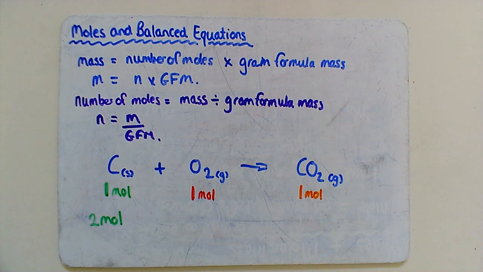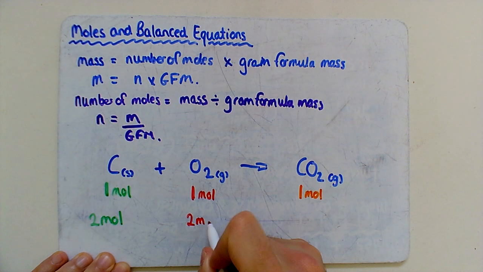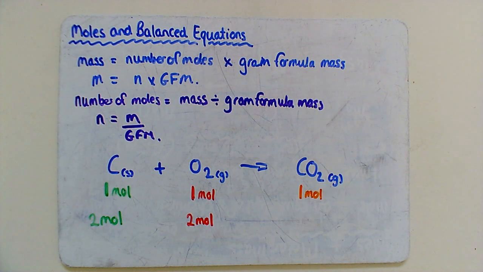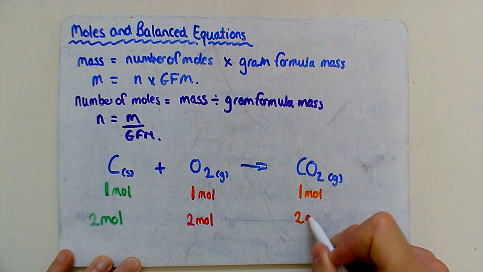If I have 2 moles of carbon, then we can look at this ratio and predict how many moles of oxygen we will need and how many moles of carbon dioxide we will produce. So if 1 mole produces 1 mole, 2 moles will produce 2 moles.